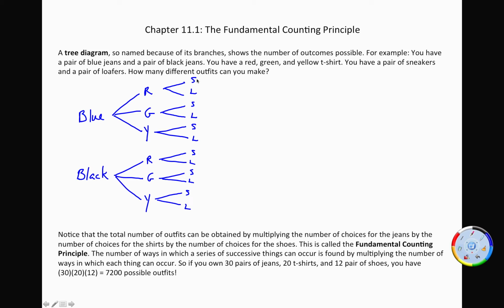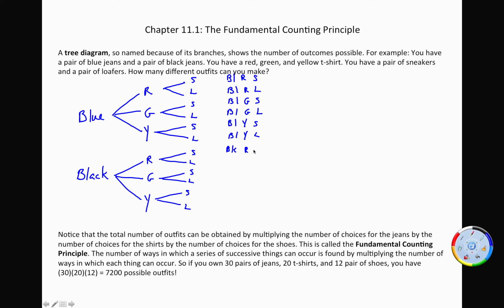So I can have blue, red with sneakers, blue, red with loafers, blue, green with sneakers, blue, green with loafers, blue, yellow with sneakers, blue, yellow with loafers, or black, red with sneakers.